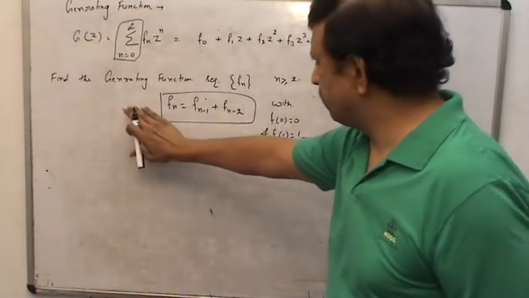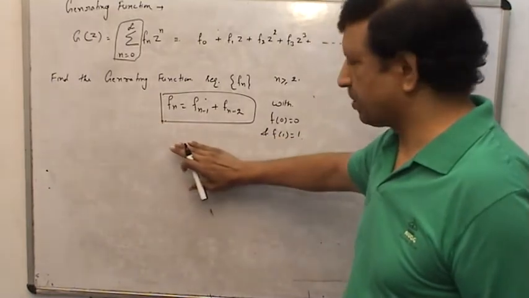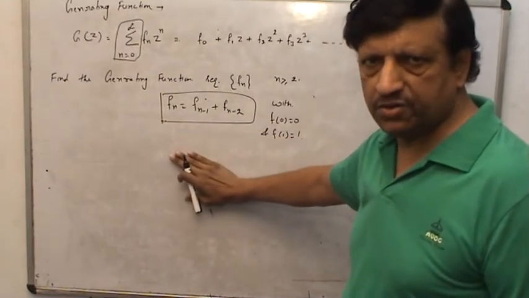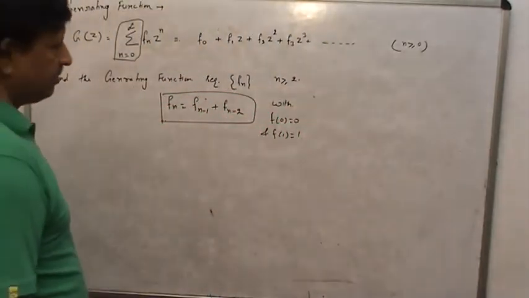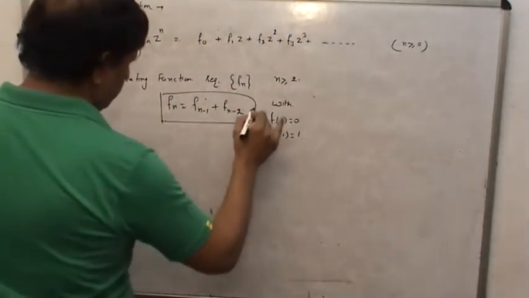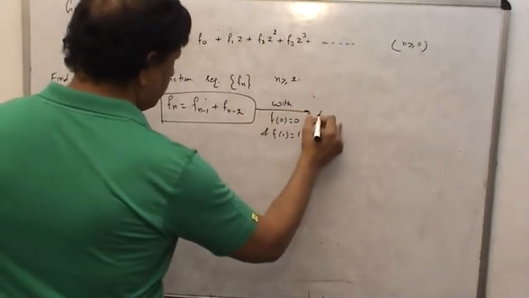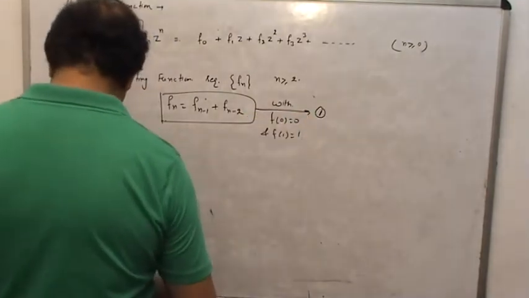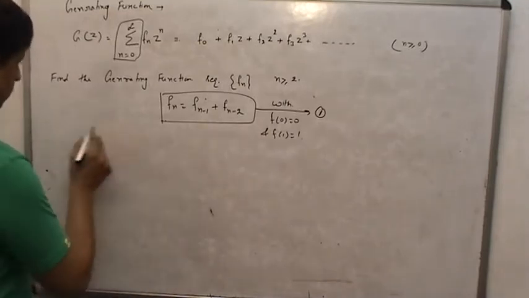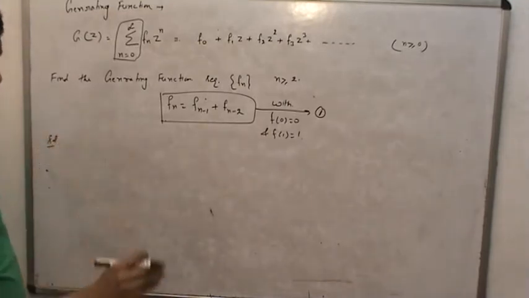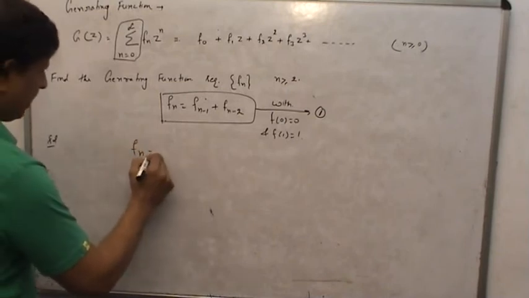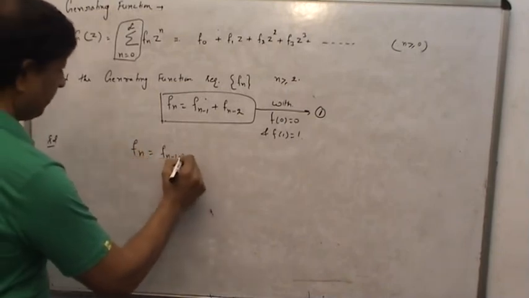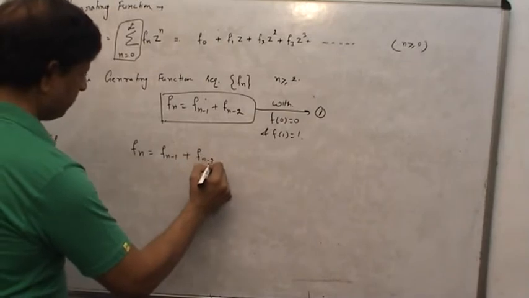First of all, we are going to find the generating function for any sequence. Say the given sequence is the Fibonacci numbers. That is, we consider it as number 1. Solution. There are fixed steps for each problem. First of all, we write f_n is equal to f_(n-1) plus f_(n-2).